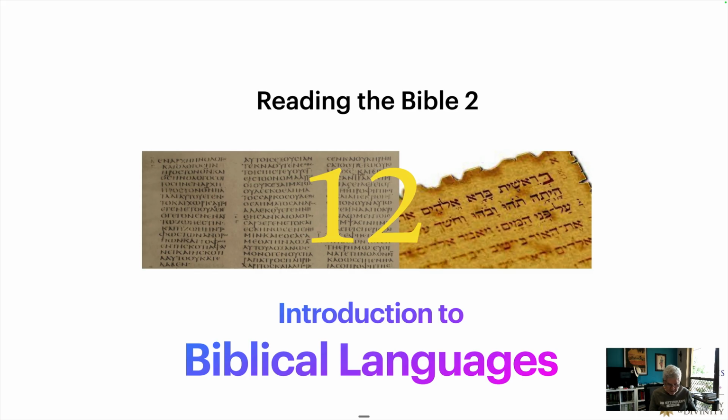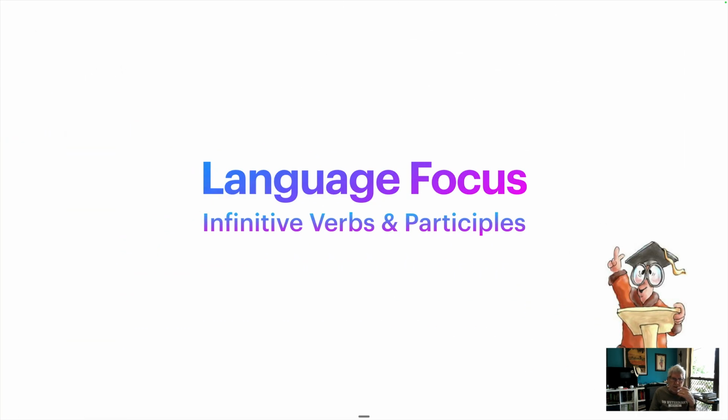And today we're going to be focusing on the infinitive form of the verb and the participle form of the verb, and that will round out our consideration of the other major forms of the verbs.